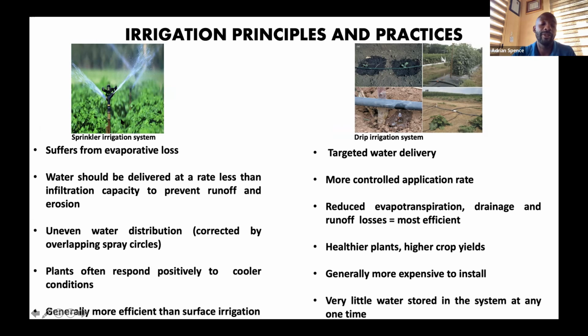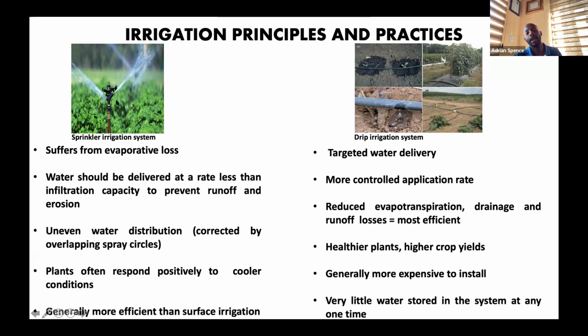In terms of costs, your sprinkler irrigation might be a bit more expensive to set up, but it does provide a little higher efficiency. But there are some disadvantages still. Because of the way the water is distributed, it does also suffer from evaporation losses, and it does so in two ways.